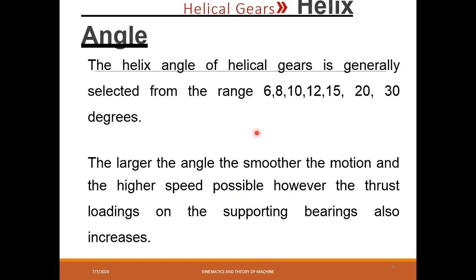Also the torque is decreased, and so the speed of the gear increases. But due to the helix angle, the thrust load on the supporting bearing is going to increase, due to the high rotational speed.